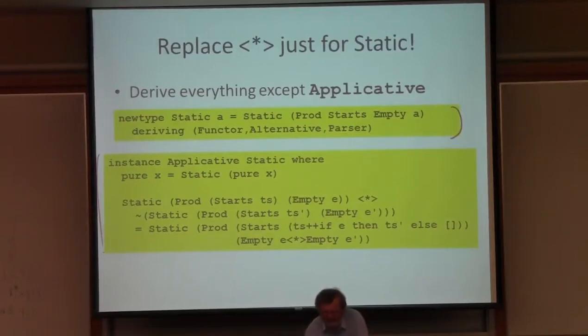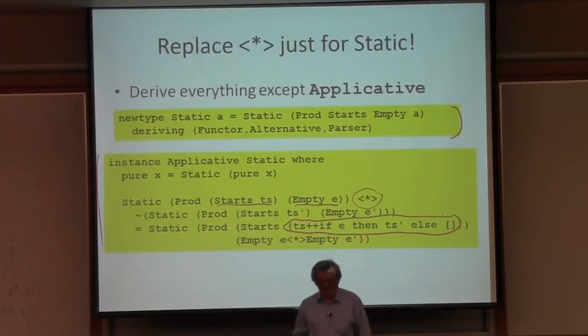And the interesting case here is the definition of application for static, because I now have both the starting symbols and the results of the emptiness analysis available. So I can just look at this and compute the starting symbols in the way that I want. Take the first parser t's, and then if that can parse empty, add the second parser t's prime. And the rest of this definition is pretty much boilerplate.